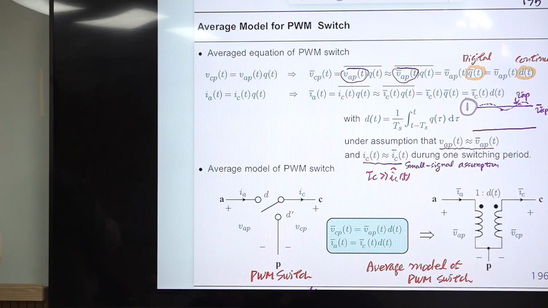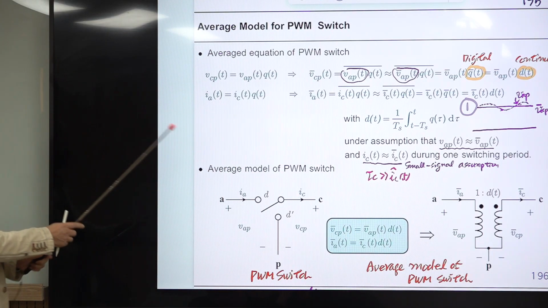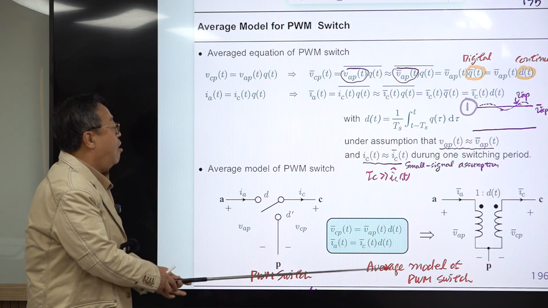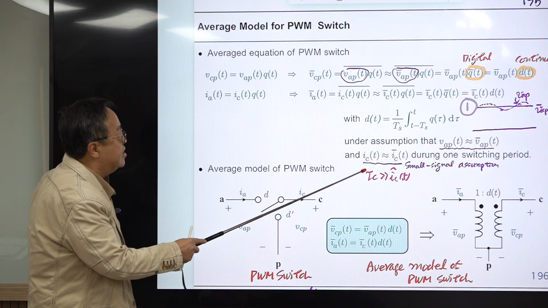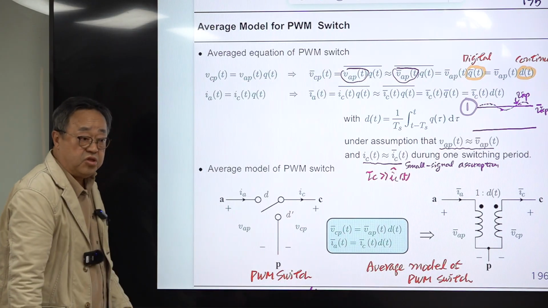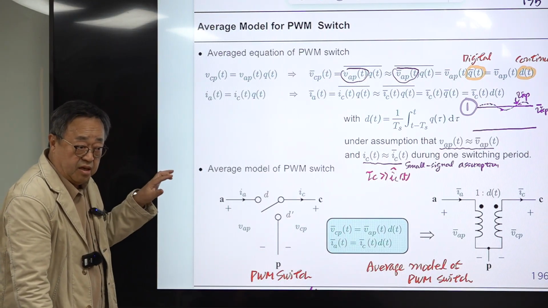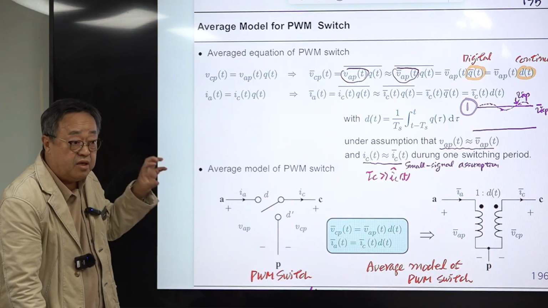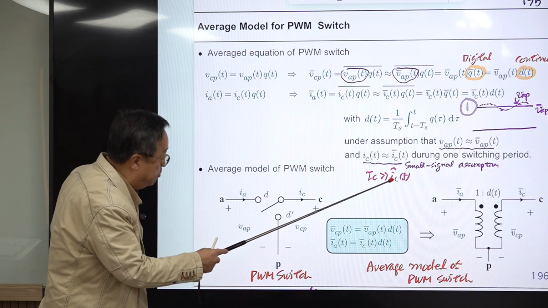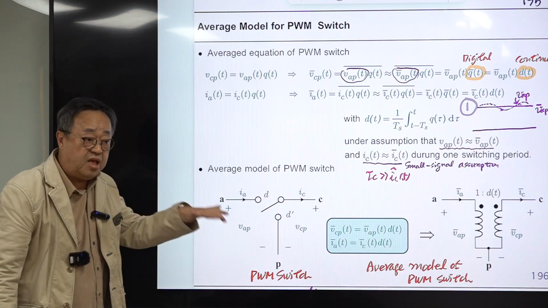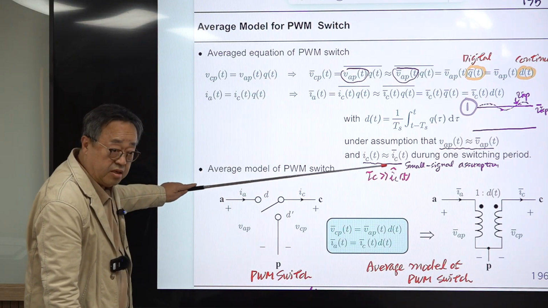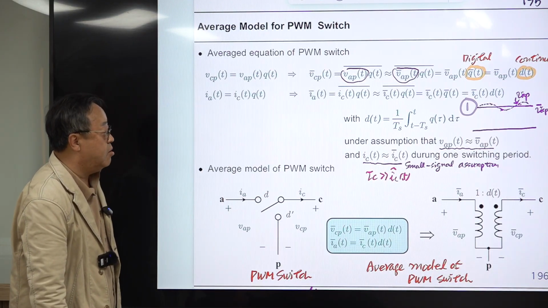Whenever we say something is sufficiently small, for example, i_c is a combination of a DC component, large I_C, and this small i_c hat, which is an AC waveform, in particular a sinusoidal disturbance, and the magnitude of this AC signal is much smaller than the DC value. Something like this is called the small signal assumption.